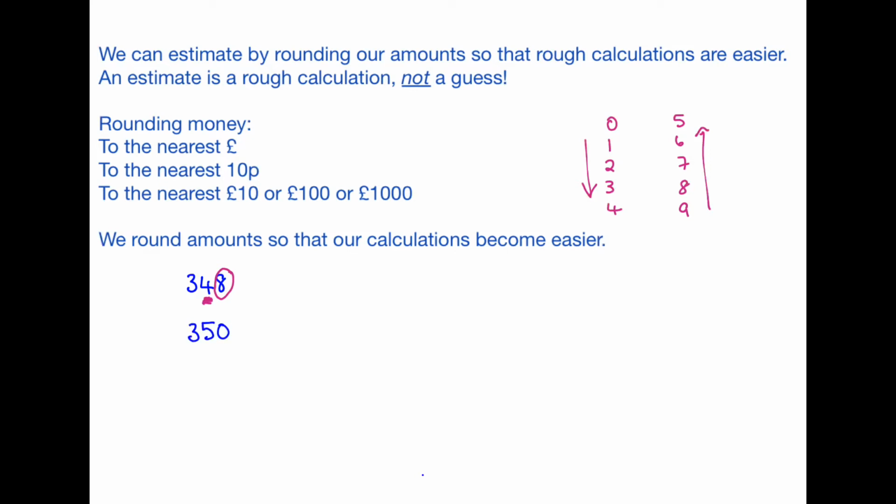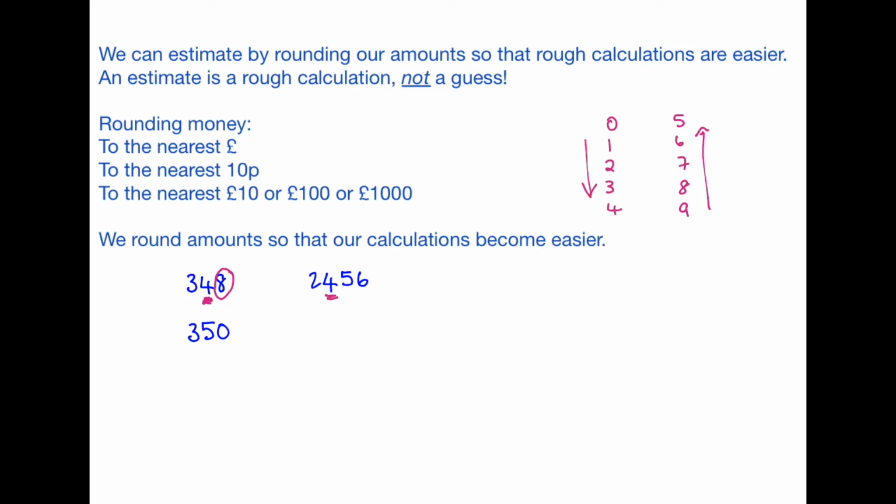When we're rounding, we look at the next one along. So for example, if we had 2,456 and we wanted to round that to the nearest 100, let's say this time. If we're rounding to the nearest 100, we need to pick out the hundreds digit. Sometimes it's easier to say the number out loud. 2,456, so it's 400.